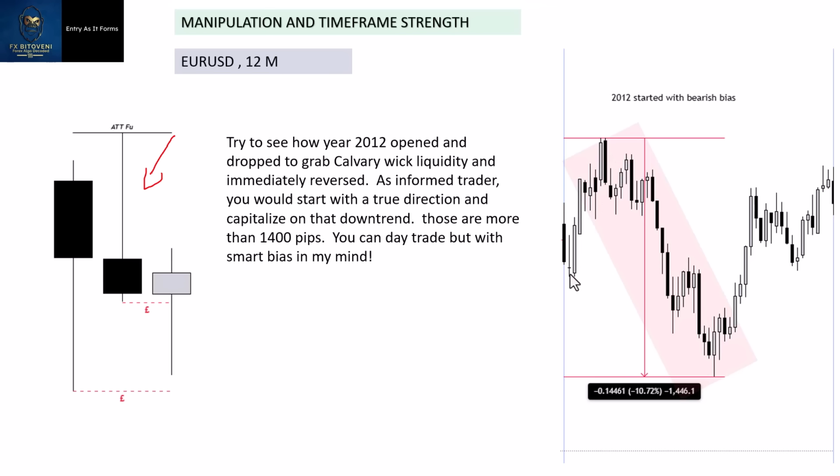So you know this move is going to create a high of the year because you don't know if the market will reject as of now. So you take this level as the high of the year because you know you are bearish, right? And then you are capitalizing on the movement. You know you are bearish on a higher time frame. You know the direction. This is the power of understanding this.